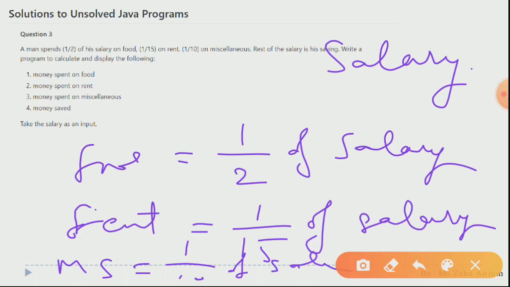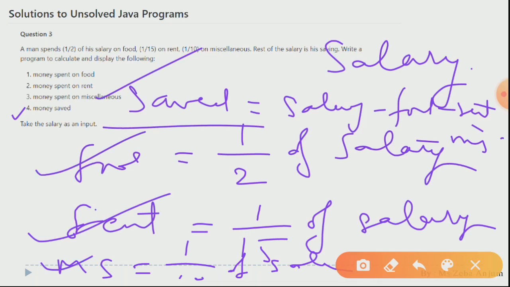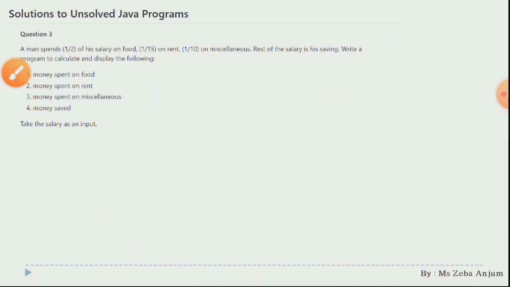Yes, all the three things you have calculated. And for the fourth part, money saved, it means what, how much will your saved money be, your salary minus food minus rent minus miscellaneous. Okay, so this will be your basically saved amount. So all these four things we have to print it out on the screen. The question is very simple, you please try it on your own.